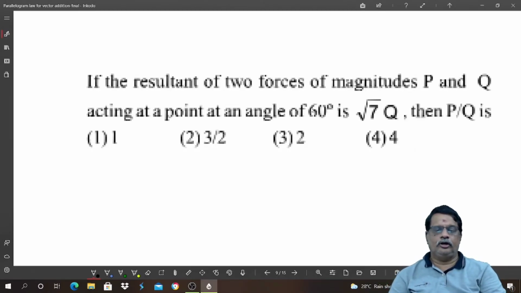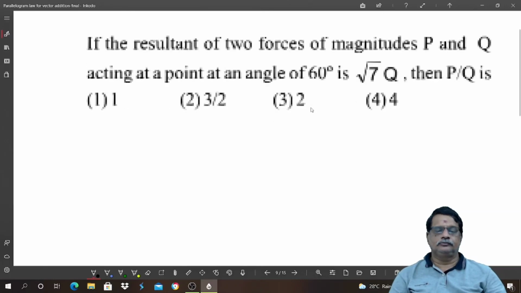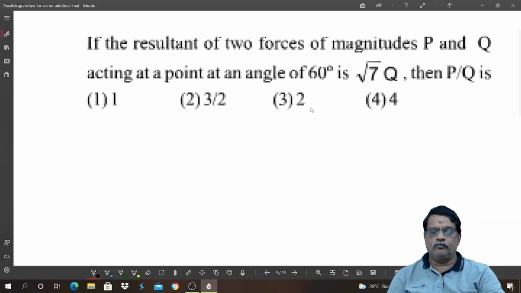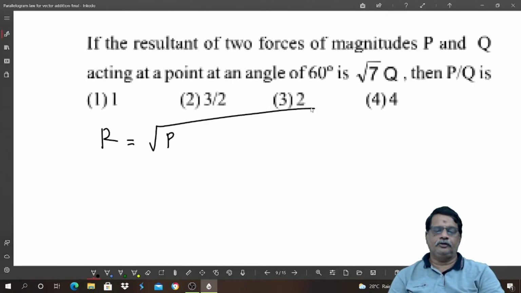So let us do another problem. The resultant of two forces of magnitudes P and Q acting at a point at an angle of 60 degrees is root 7Q, then P by Q is. So we will write down the formula for the magnitude of the resultant, which is R equal to root of P square plus Q square plus 2PQ cos alpha. Now let us substitute.